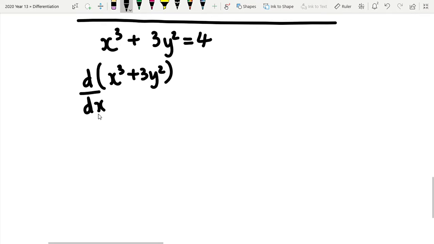This d over dx means I am differentiating with respect to x, treating x as the variable, just like usual explicit differentiation. It's nothing too fancy.